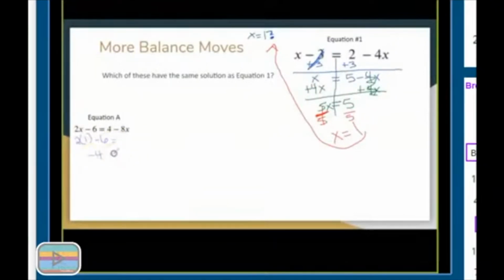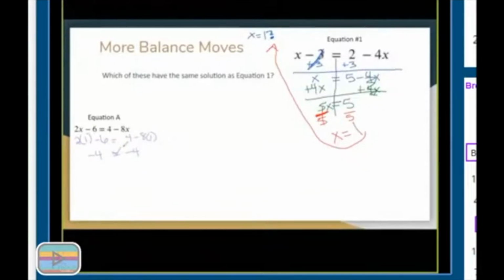And then I did the same thing, 4 minus 8 times 1, and that got me -4. Okay, thank you so much. So all he did was just verify his solution by substituting in. Is that okay to do?